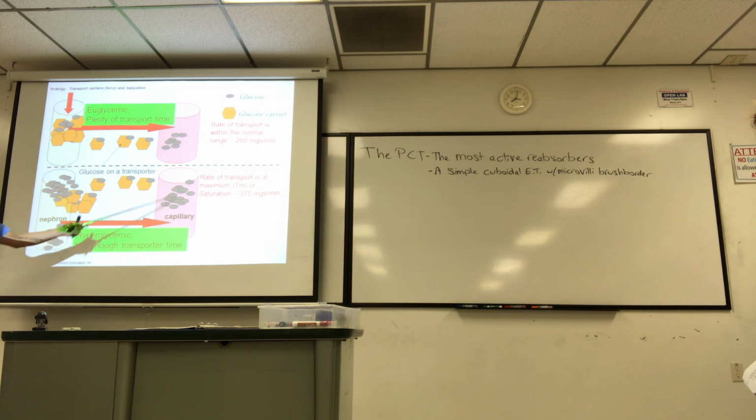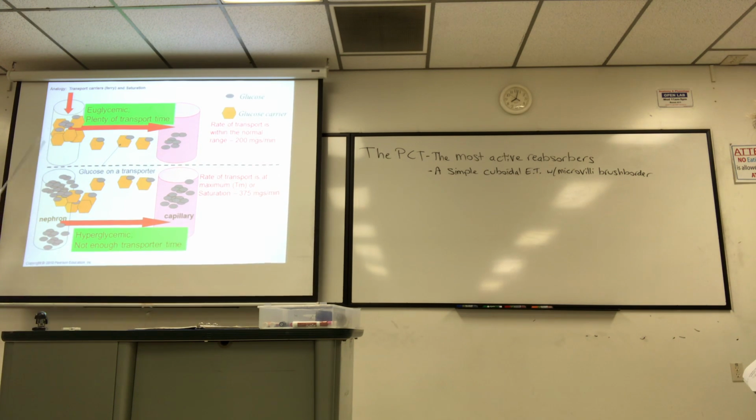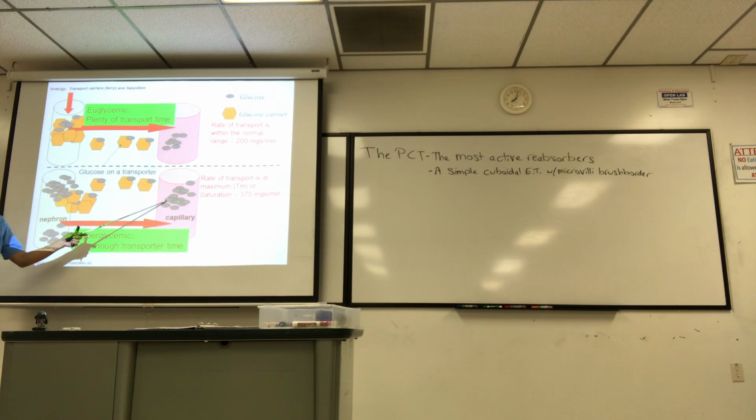Just to give you a number here. If there's not too much glucose being filtered, the PCT should be able to handle 100% of the load. However, in hyperglycemia, if there's high blood glucose and it all gets filtered, the PCT can't handle everything. There's not enough of these orange transporters to ferry it all back.